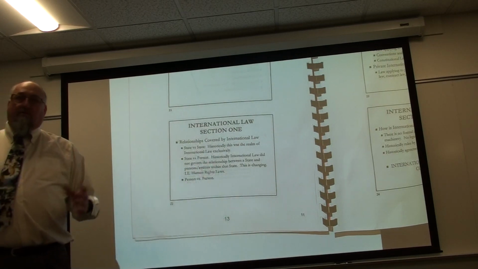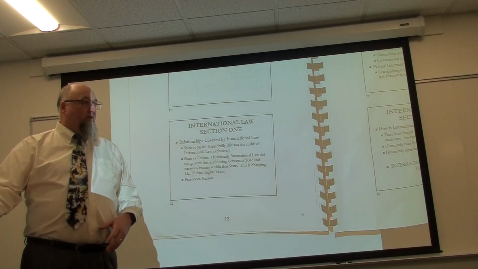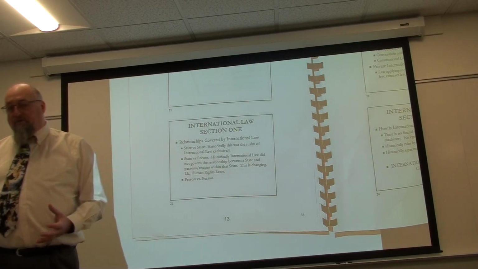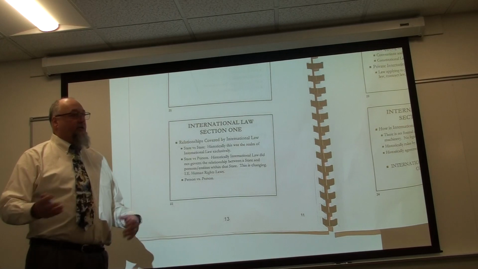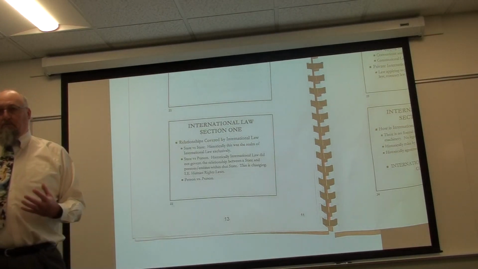State versus person, where a person may have direct action against a foreign state in some cases, not always. And then finally, where people of different countries can take direct action against each other depending on the type of case.